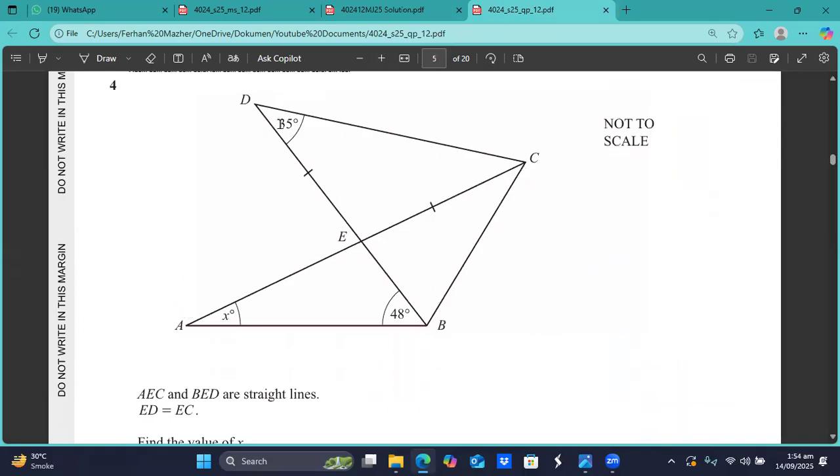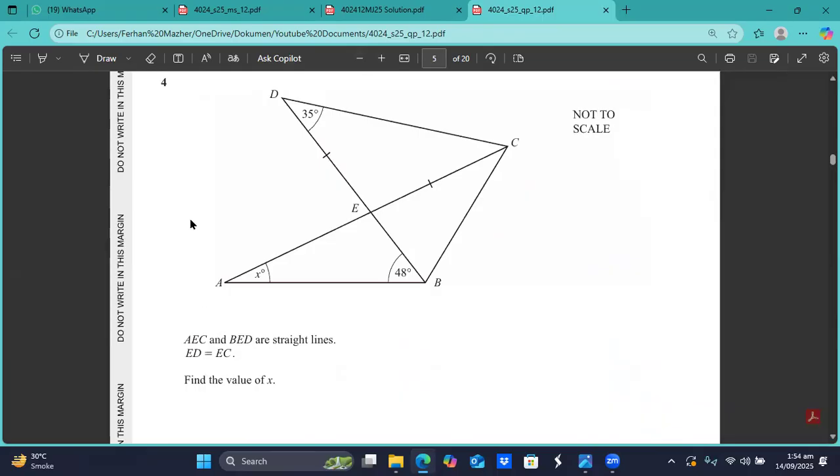Okay, so we have this figure. He says AEC and BED are straight lines. The ED and the EC side, they are equal to each other. Okay, so you see these signs. These signs mean that these are equal to each other.